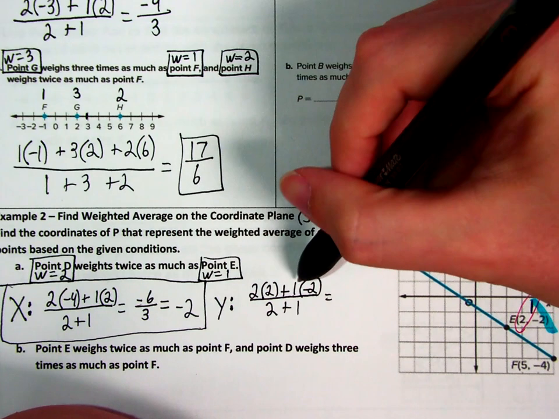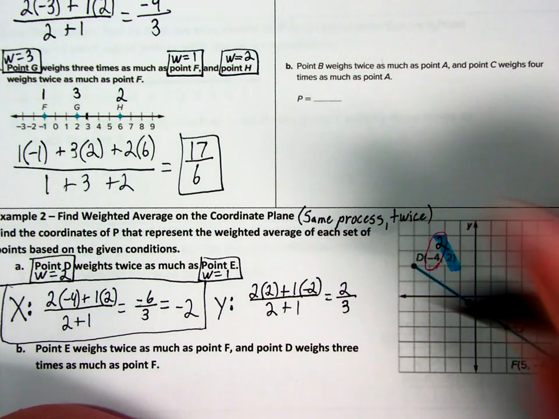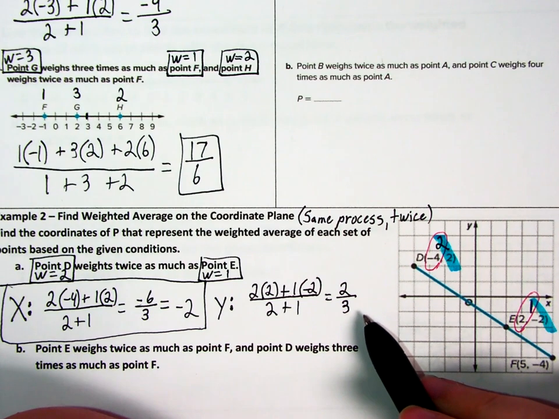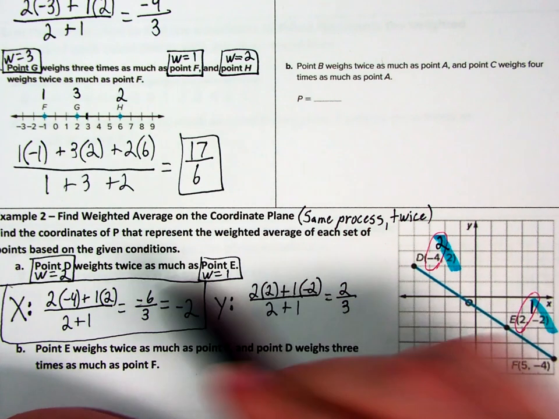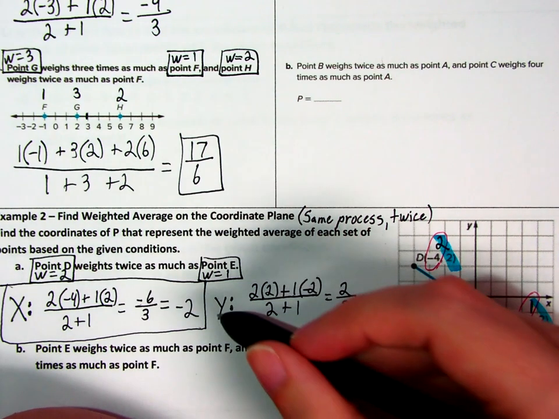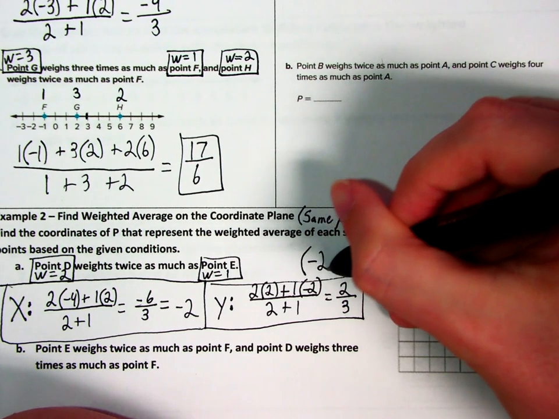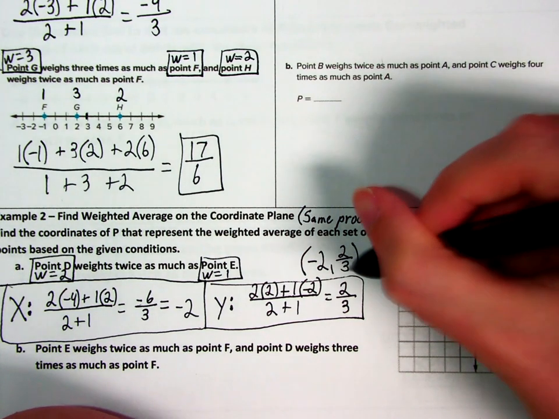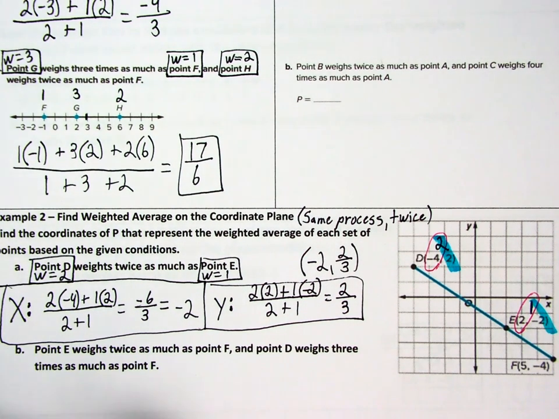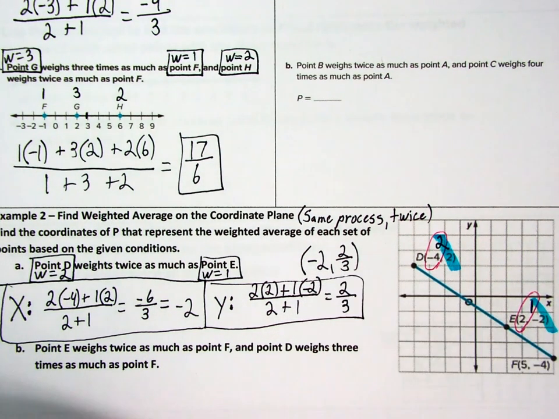We get 4 plus a negative 2 is 2 over 3. I can't simplify this fraction, so I'll leave it as a fraction here. The point P that we'd be looking for has the coordinates of negative 2 and 2/3. Its x is negative 2, its y is 2/3.